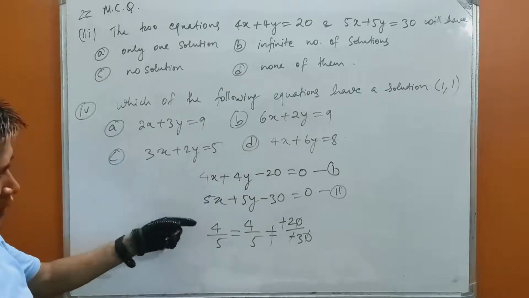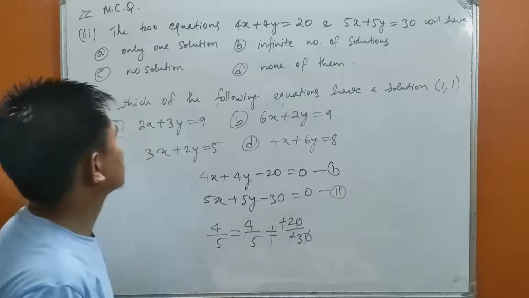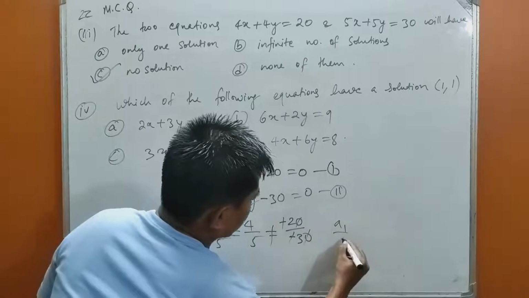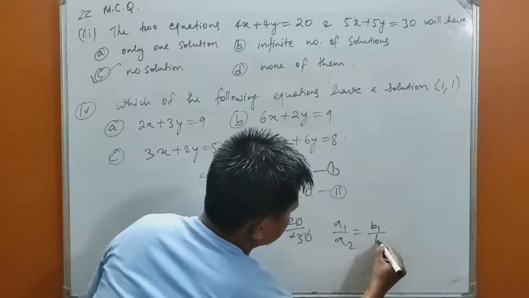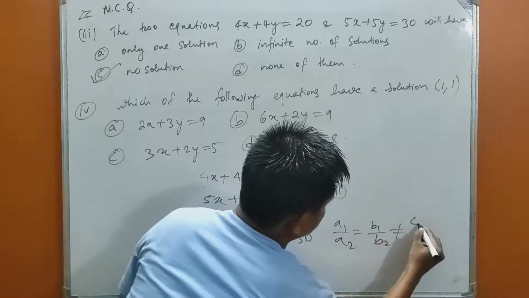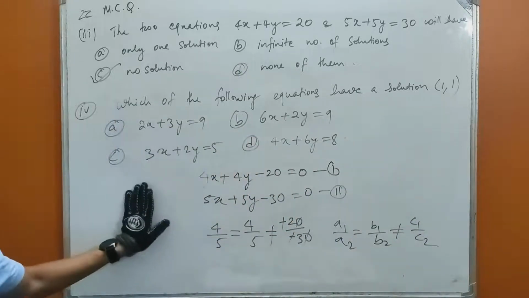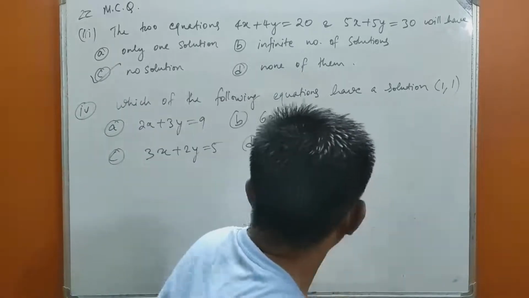If A1 by A2 is equal to B1 by B2 but not equal to C1 by C2, then this type of equation will have no solution. Okay, I hope you got this. Now let us go for another question.